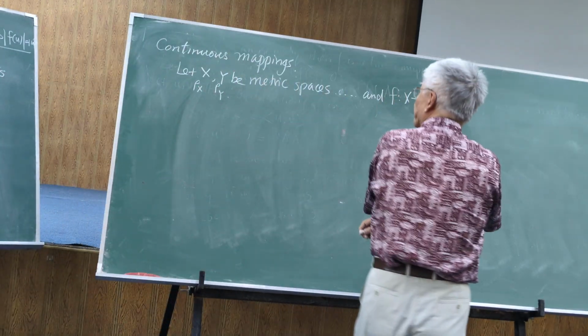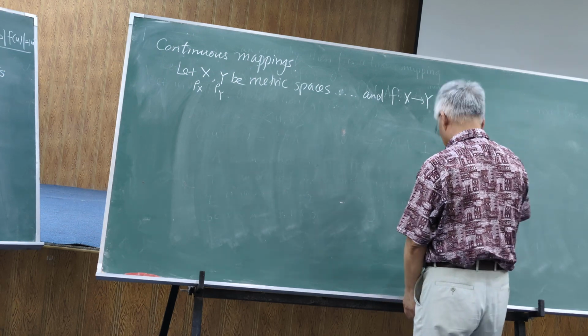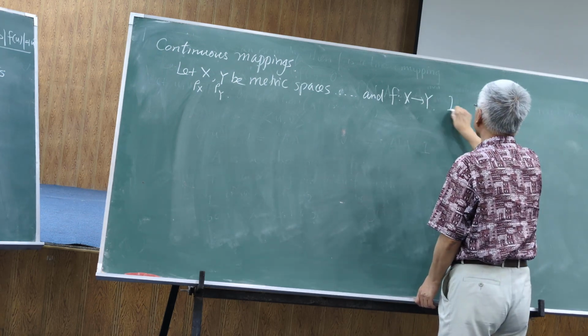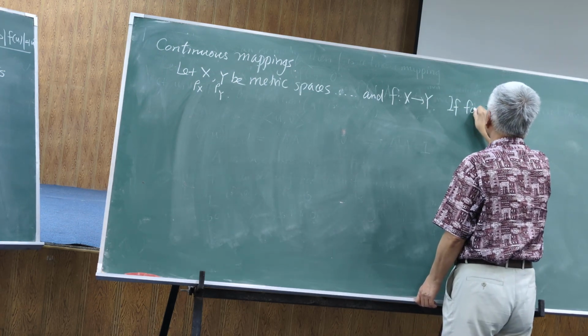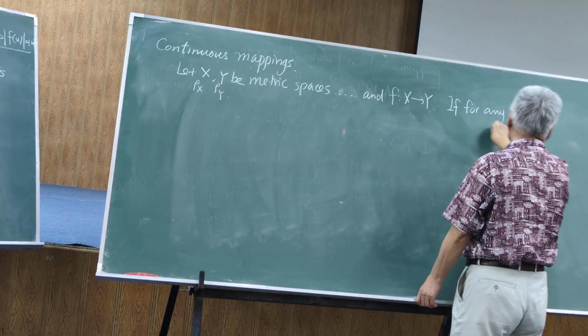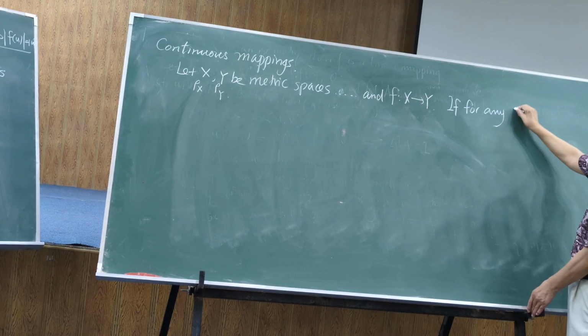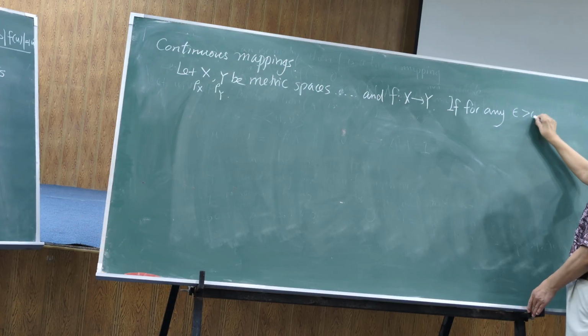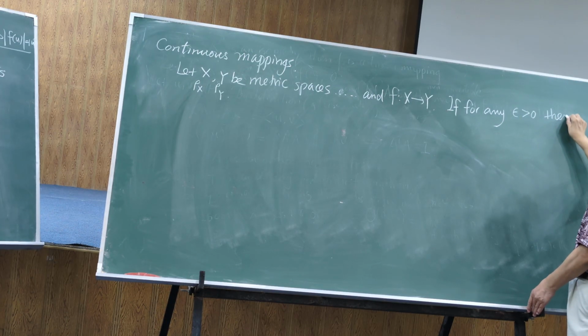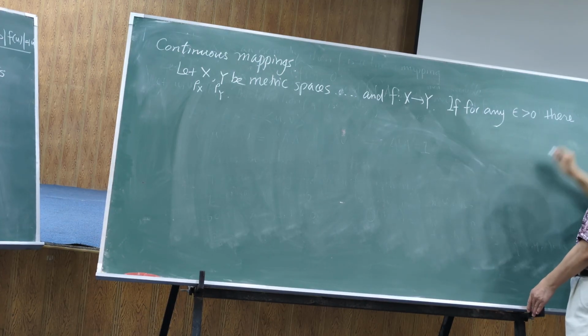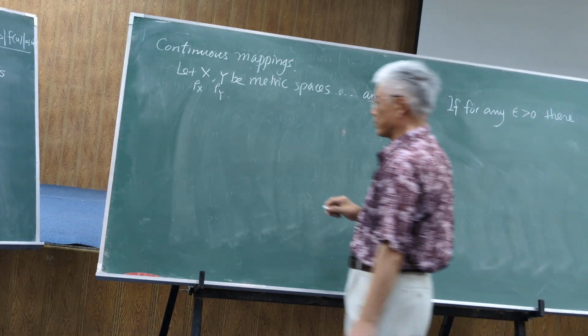So this is a mapping. If for any positive real number epsilon there exists a positive real number delta, the epsilon-delta thing.